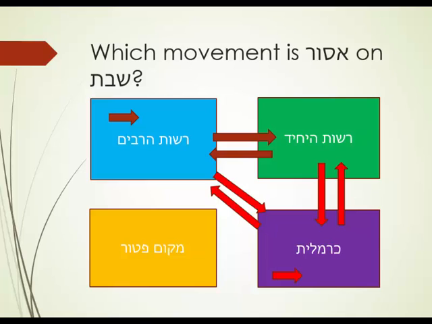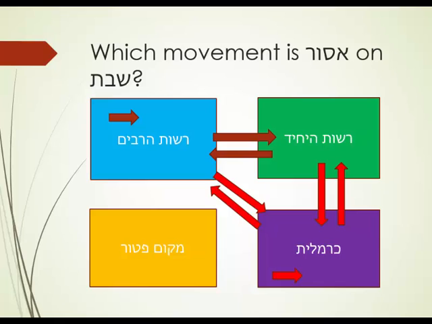Midrabanan, carrying is restricted from a Reshut HaYachid to a Carmelit, or vice versa, as well as from a Reshut HaRabim to a Carmelit, and vice versa. And the reason is because a Carmelit is viewed as a mixture, again, this combination. It's somewhere in between a Reshut HaYachid and a Reshut HaRabim. So relative to a Reshut HaYachid, it's like a Reshut HaRabim, and therefore you can't carry from one to the other.